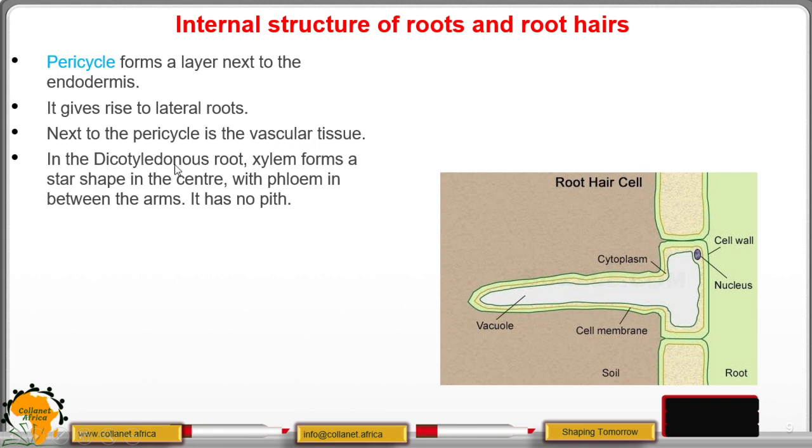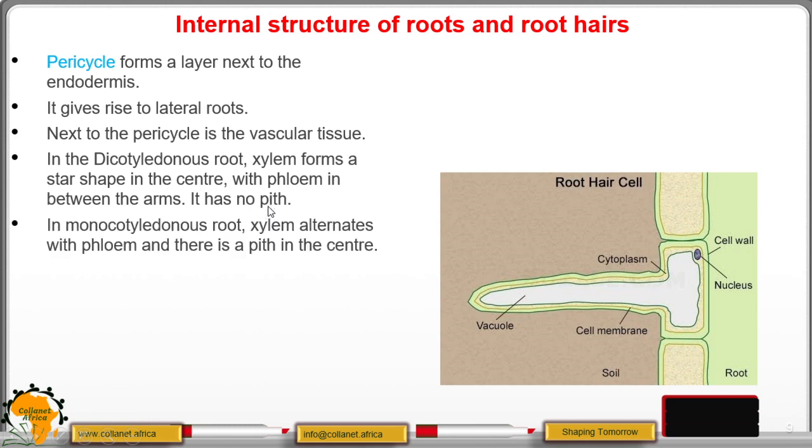In the dicotyledonous root, the xylem forms a star shape in the center, with the phloem in between the arms. Therefore, no pith. In the monocotyledonous root, the xylem alternates with phloem, forming a pith or a space at the center.